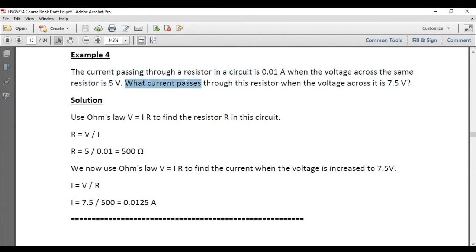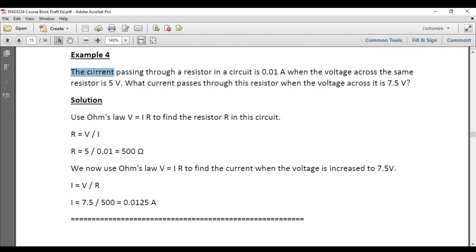What current passes through this resistor when the voltage across it is 7.5 volts? So he is simply asking us to find out what happens to the current when we increase the voltage. That's his main objective.